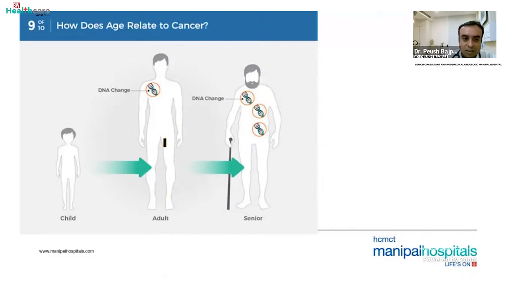When we talk about this, we see on the two extremes the age group. This is the child where the body is growing, the cells are multiplying a lot in number, and a senior citizen where the cells would have to age, and apoptosis, that is cell death, would happen.